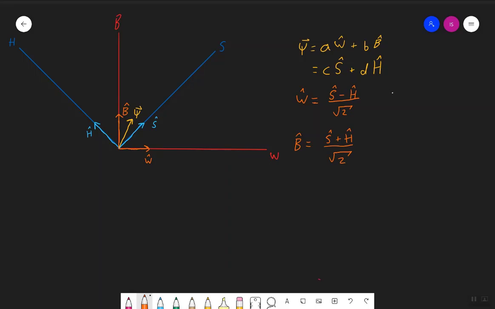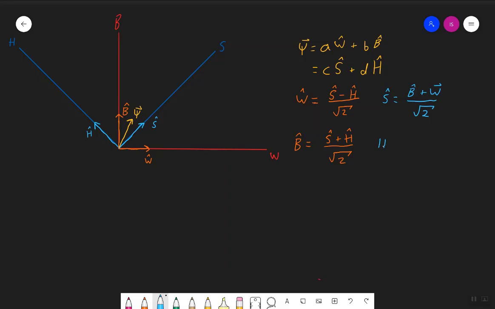Now, we can write the other way, which is writing the hard and soft unit vectors in terms of the black and white unit vectors. So the soft unit vector is equal to the black unit vector plus the white unit vector, over root 2. This would really be the easiest one to see. The soft unit vector is made up of the black unit vector plus the white unit vector in equal amounts, and then you need the root 2 to make sure it has a magnitude of 1.